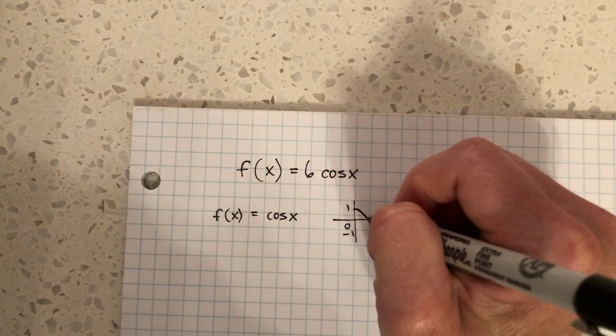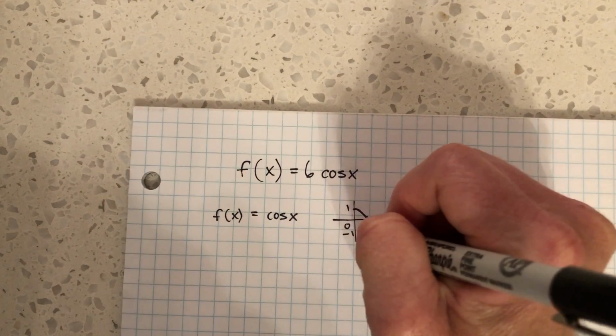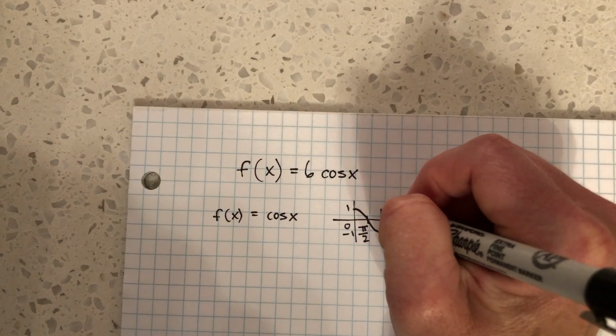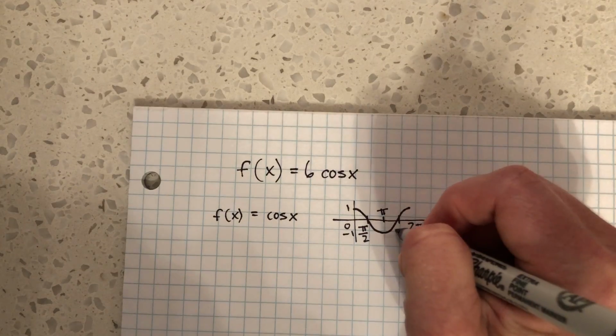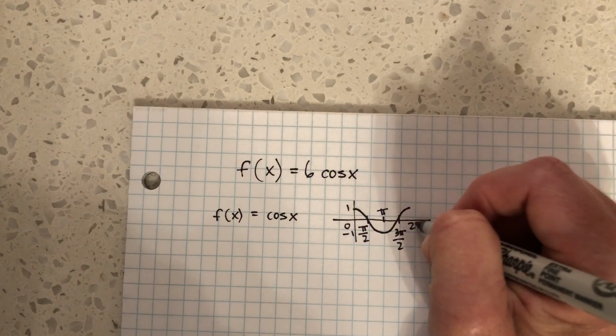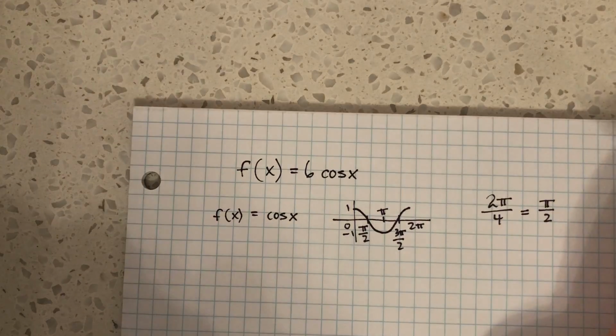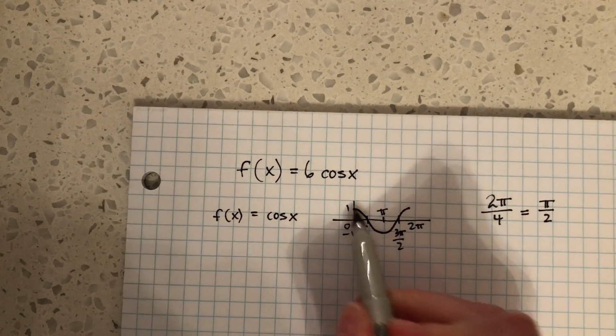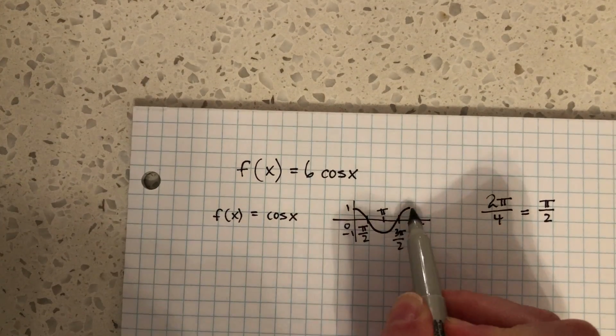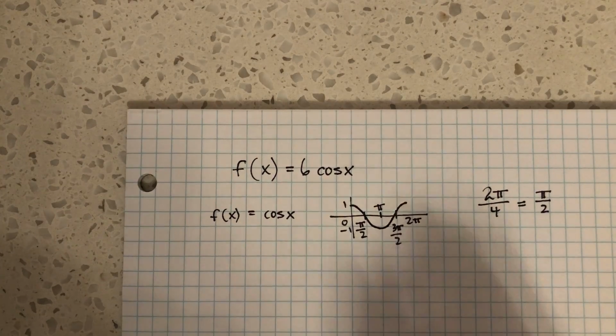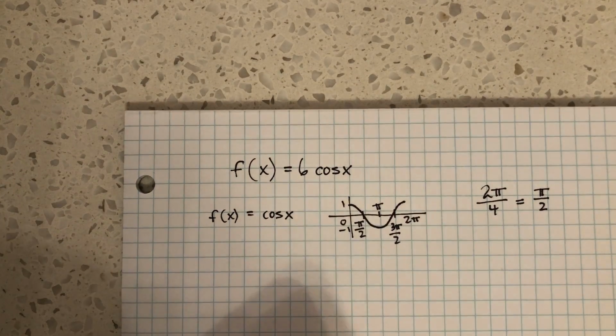So you had 0, 1 pi over 2, 2 pi over 2, which was pi, 3 pi over 2, and then 4 pi over 2, which is 2 pi. And that's how you can get your 1, 2, 3, 4, 5 key points that live on the original graph of y equals cosine x.